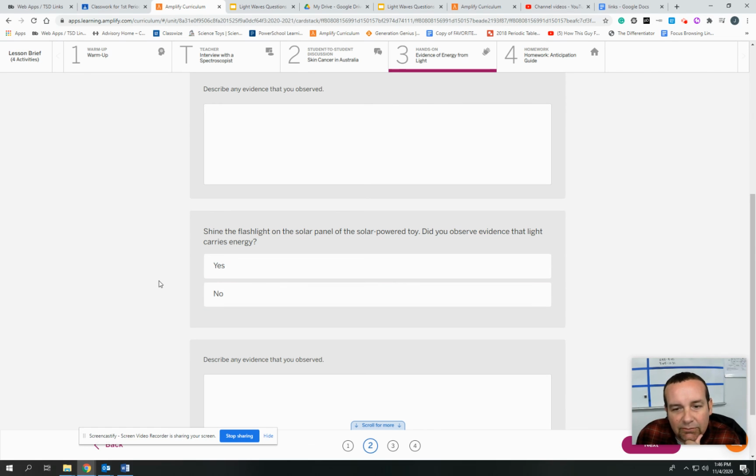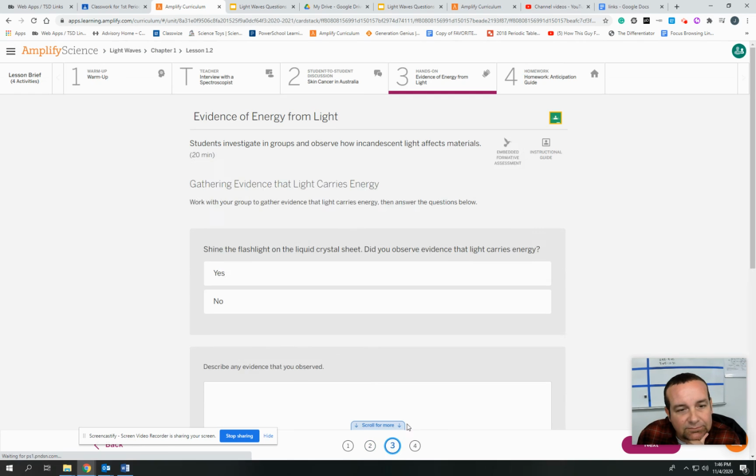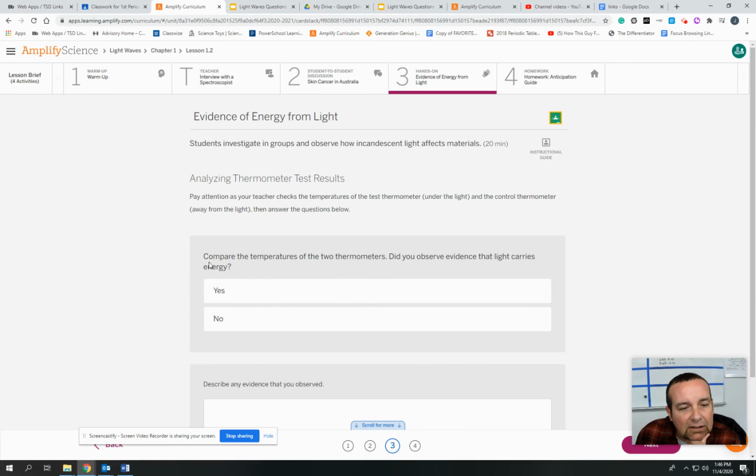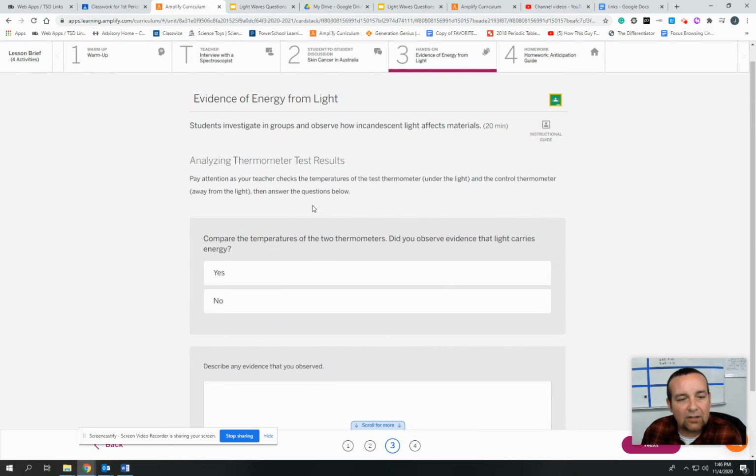Did you observe evidence that light carries energy? Yes or no? Tell me why. Compare the temperatures of the 2 thermometers. Did you observe evidence that light carries energy? Yes or no? Tell me why. So we're really just proving that claim that light carries energy and that light can change materials that it interacts with.